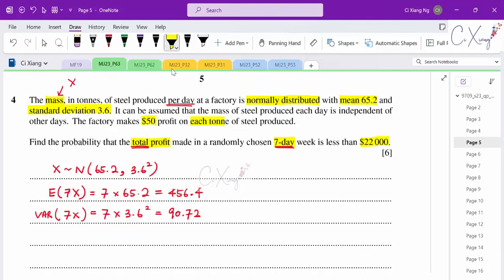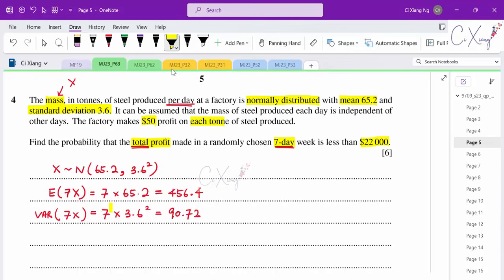Please take note that a common mistake is putting a square on the 7 here. Because the keyword is total, they are not talking about 7 times. If it were 7 times, when you calculate the variance, there should be a square. But when you are talking about total, that means it is only the sum. So you have 7 times the variance of x, that means you add the variance of x 7 times. Therefore, the formula should be 7 times 3.6 squared.